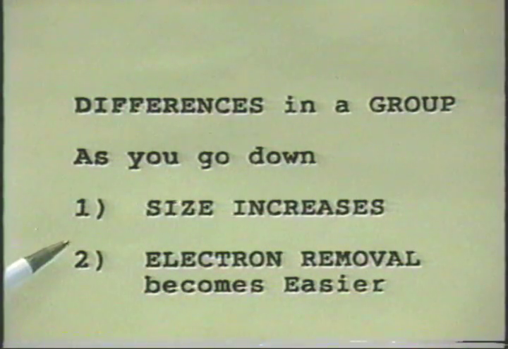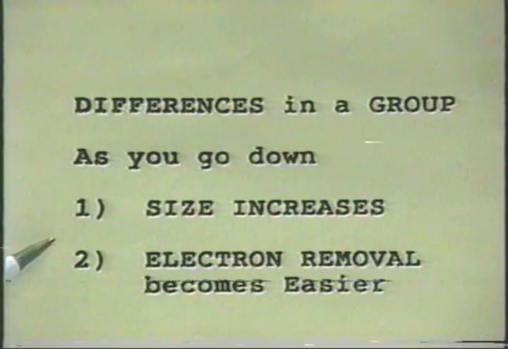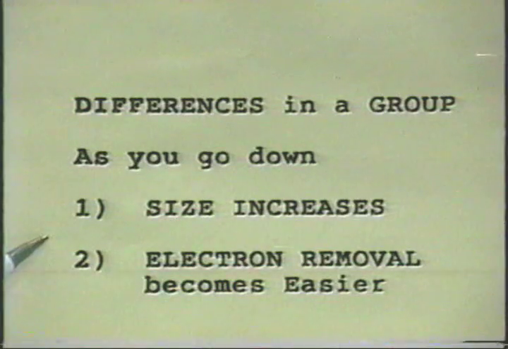The second trend involves removal of electrons. In an isolated atom or ion, that is an atom or ion in the gas phase, it is easier to remove an electron from something at the bottom of the periodic table than from the top. What we're saying is that it is easier to remove an n equals 5 valence electron than an n equals 3 valence electron.